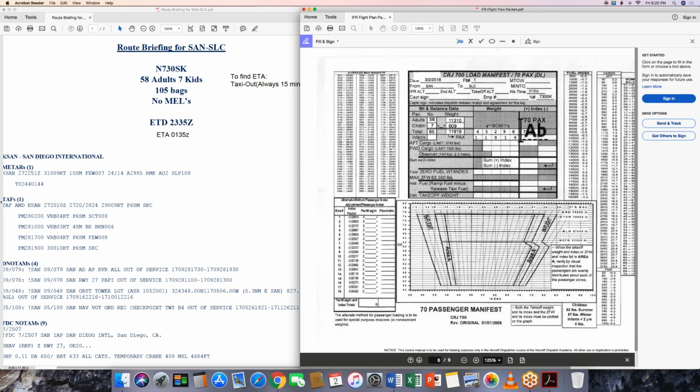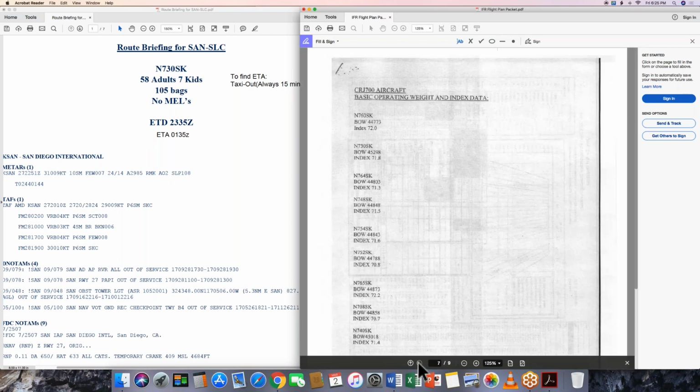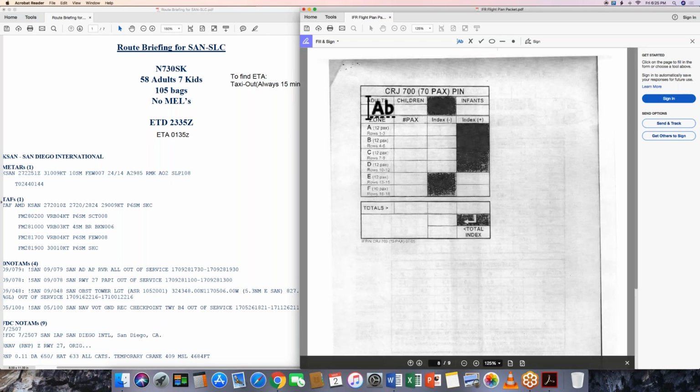So we know that our aircraft weighs this much and this is its index. Now we've got to figure out the index for our passengers. The way we do that, once again, is we come down here to our PIN card. This is where we start, right? So we have 58 adults.